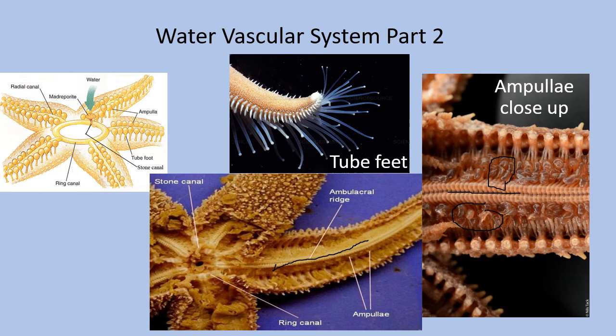They fill up with water that they get from the radial canal, and when they squeeze, that forces water into the tube feet. So each tube foot, which you'll see on the underside of the sea star, would be connected inside the body of the sea star to an ampulla. So when the ampulla squeezes, the tube foot extends. When the ampulla retracts, that causes the tube feet to retract as well.